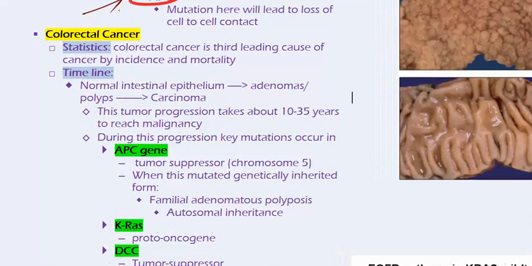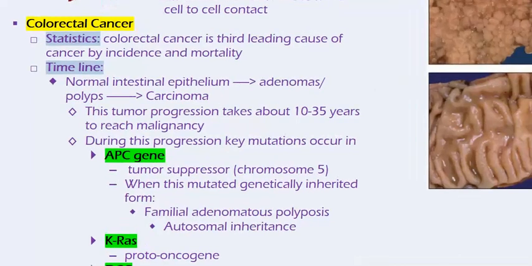All right, so just a little bit of background information about colorectal cancer. Colorectal cancer is the 3rd leading cause of cancer by both incidence and mortality. When you look at what is the 3rd leading cause of death associated with cancer, it's colorectal cancer.